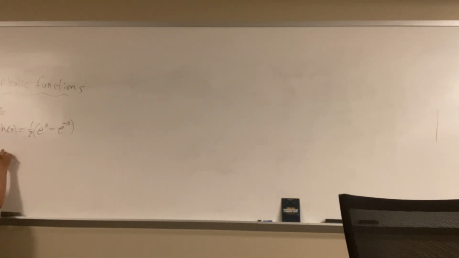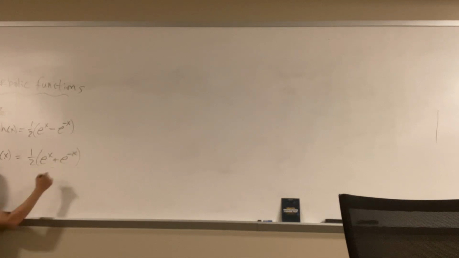Hyperbolic cosine, cosh, is the average of e to the x and e to the negative x. So add them, take a half. And then from here, we can do every other trigonometric analog.